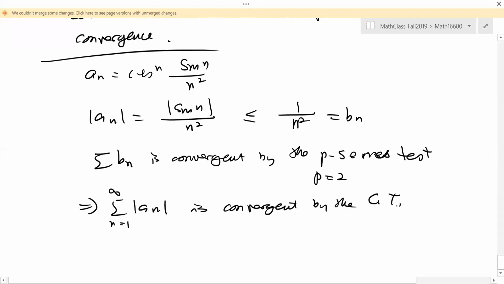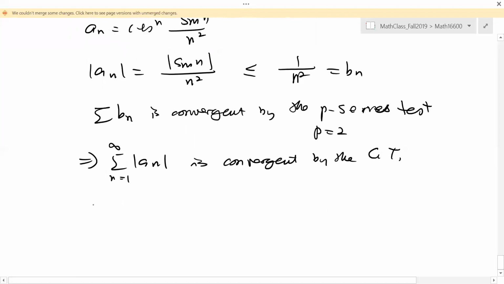You cannot just jump immediately to the original series because you cannot apply the comparison test to a series with negative terms. But that's okay. This is already good enough. Then you can say that this is absolutely convergent.